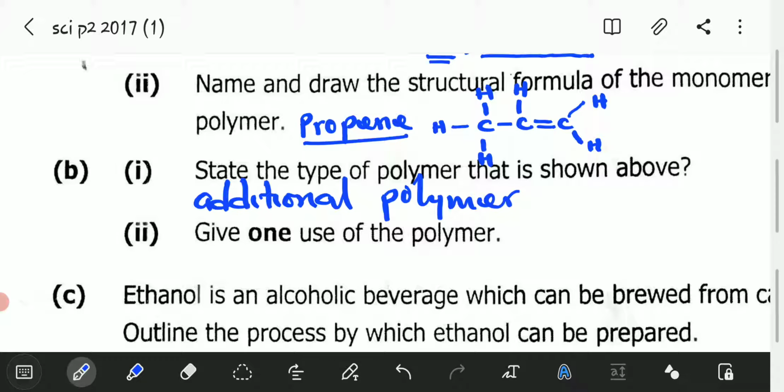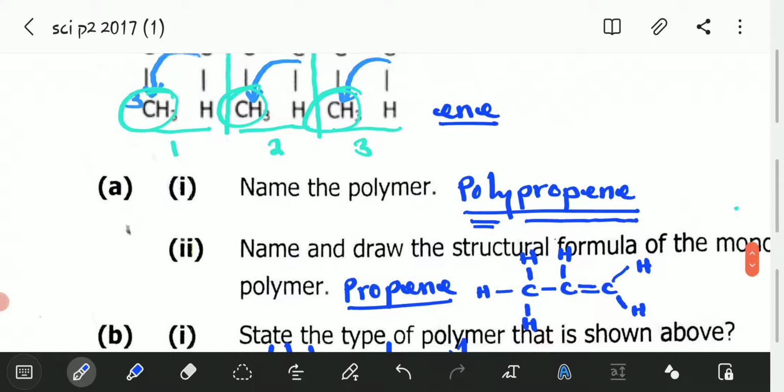Then B2 reads, give one use of the polymer. Now, all these polymers that we're looking at are generally just plastics. And what are the uses of plastics?